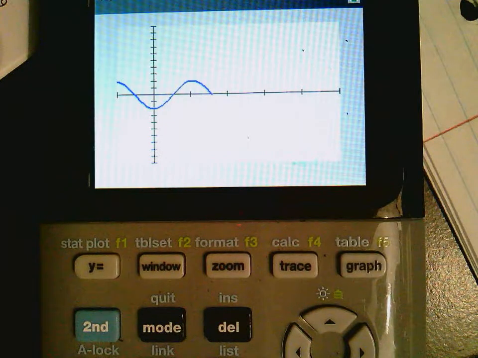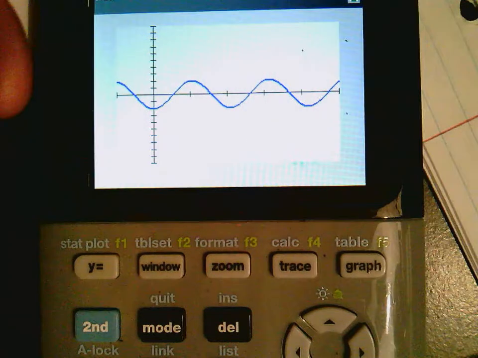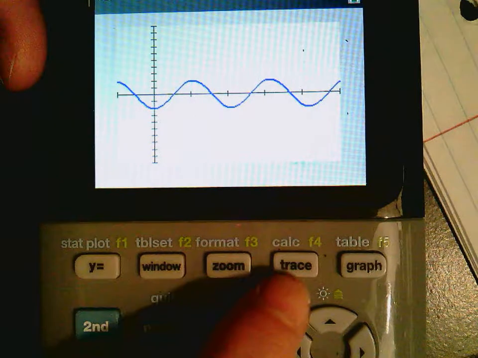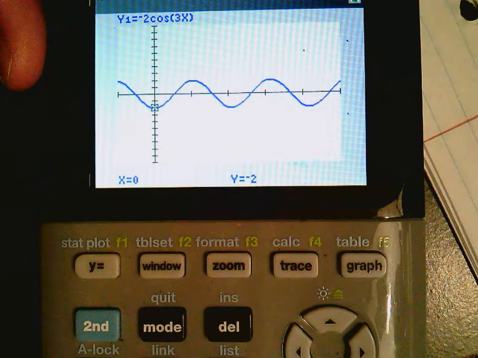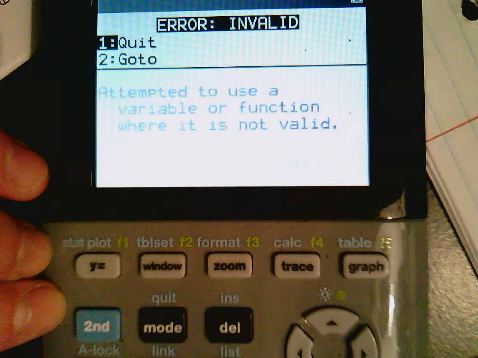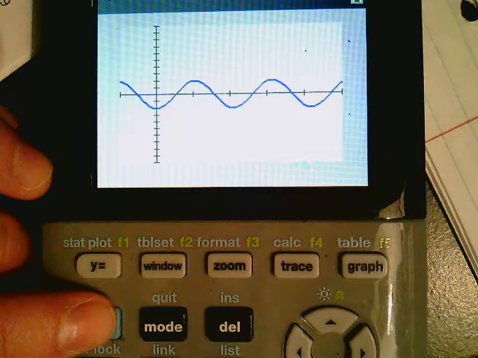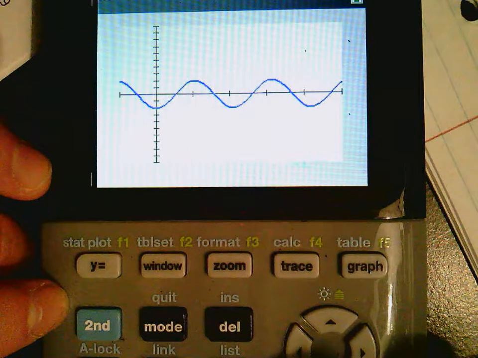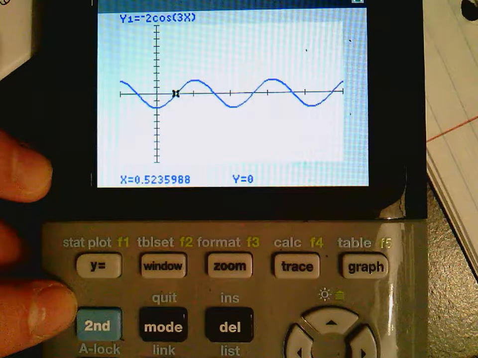Okay, so I can check my points. So let's check 0. If I do 0, I should get -2. So hit trace and hit 0. Okay, 0, -2. Pi over 6, 0. Pi over 3 is going to be 2.